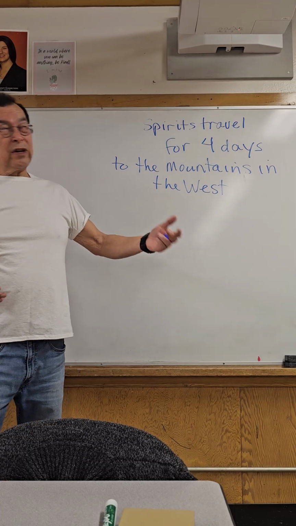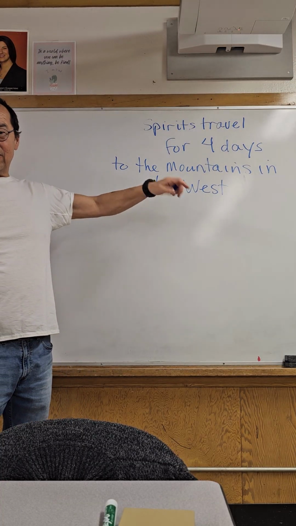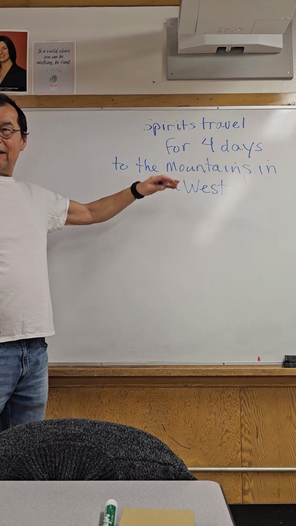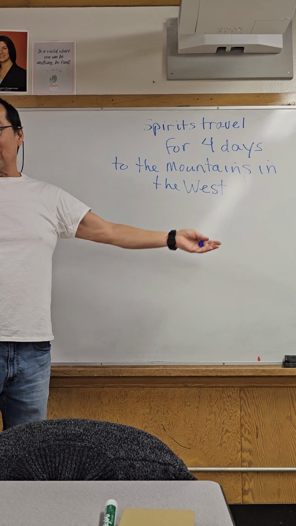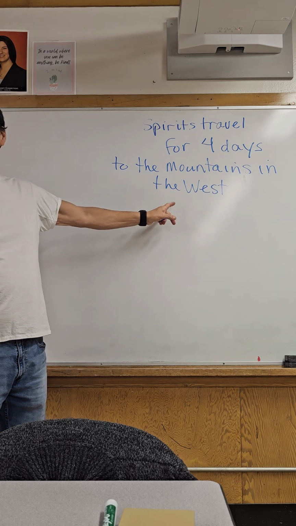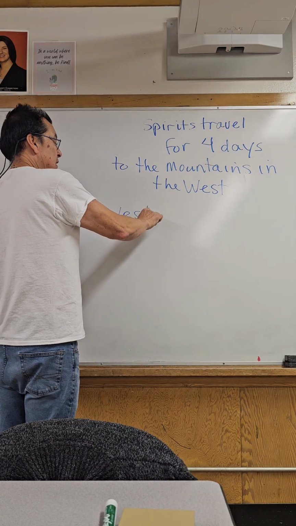So the story goes that it's on the 4th day, the last day of our traveling. We'll travel for 3 nights, and then on the 4th night, at sunset, that's when the western doorway opens up.